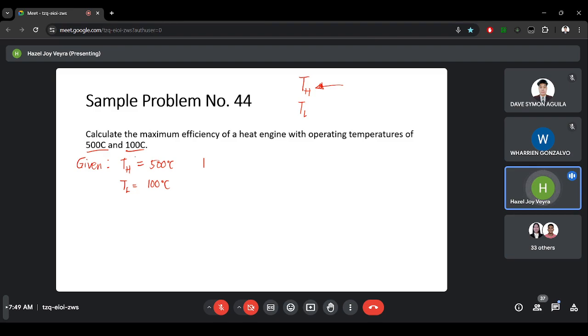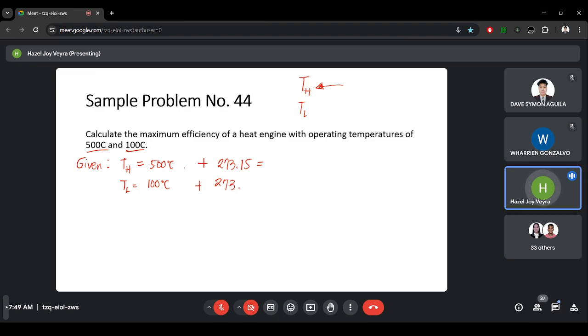So let us convert 500 degrees Celsius and 100 degrees Celsius to absolute temperature. For the first one, we are going to add 273.15, and same with the temperature at the cold reservoir.